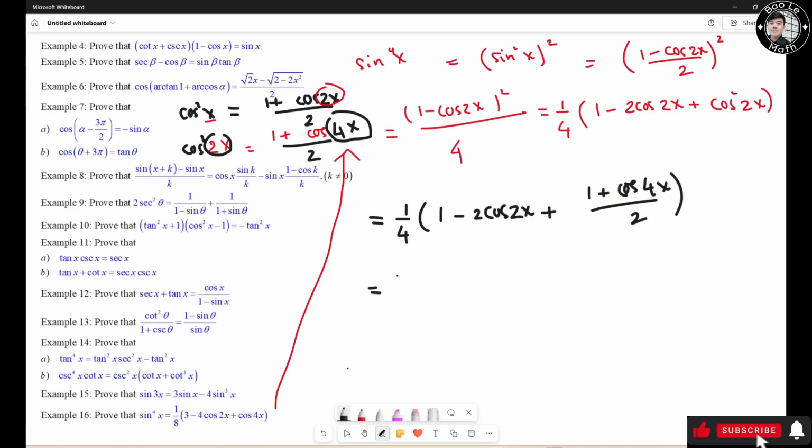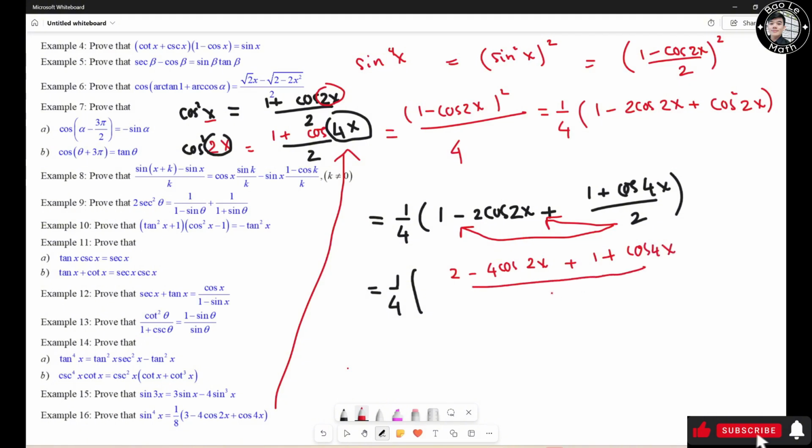Now let's rewrite 1 over 4. This guy right here, I need to multiply this guy by 2, multiply this guy by 2 to write the whole thing in the same denominator. So I have 2 minus 4 cosine of 2s plus 1 plus cosine of 4s over 2.